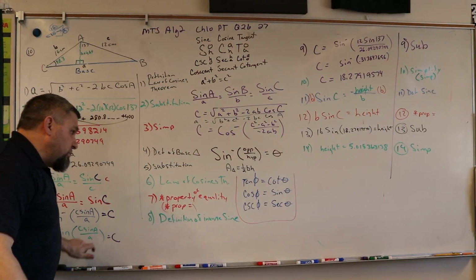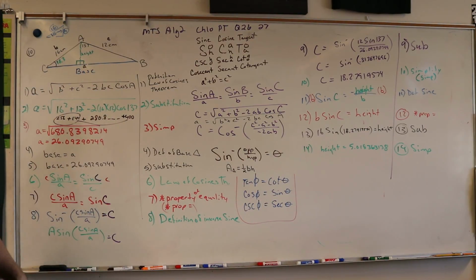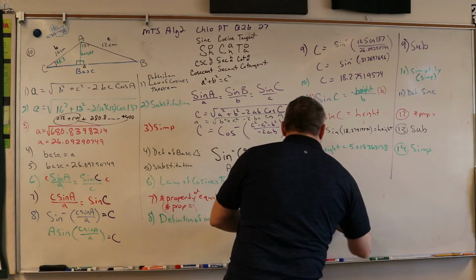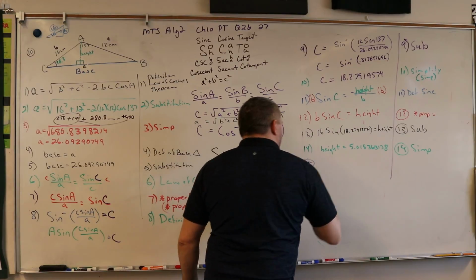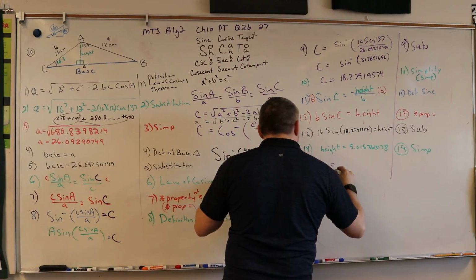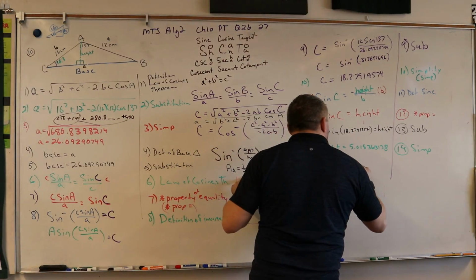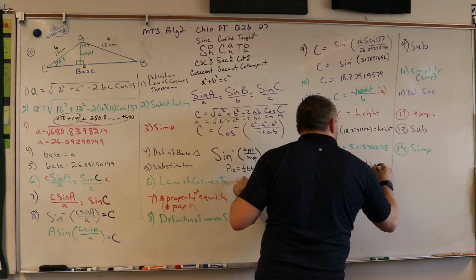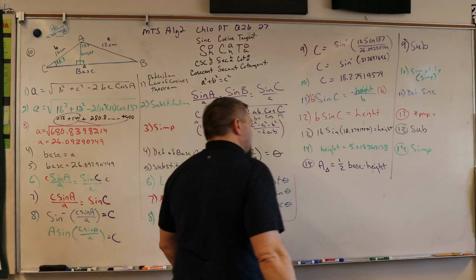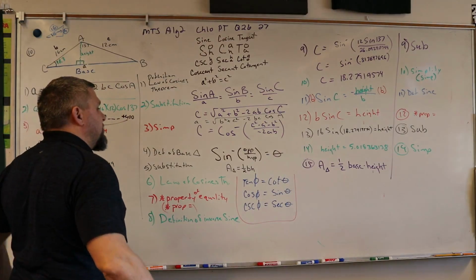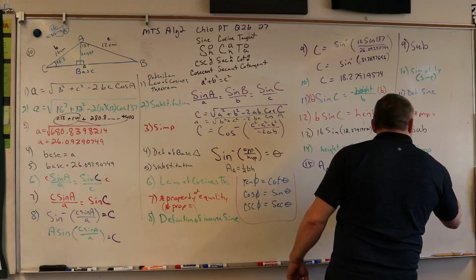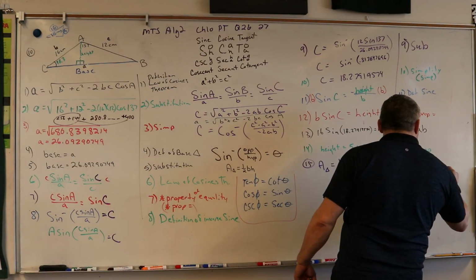Alright, so now what? Come on, people. Now what? The whole point of the problem. The area of the triangle is equal to 1/2 times the base times the height. Okay. So that's the definition of the area of a triangle.